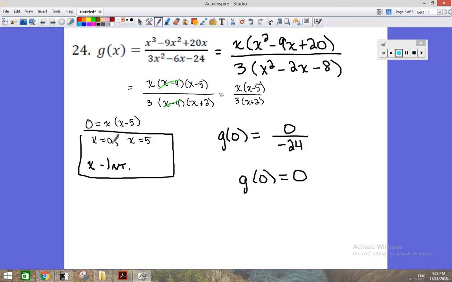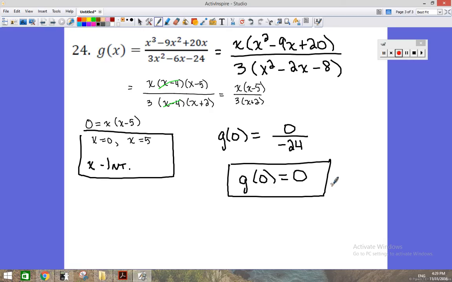If x equals 0, then we know that, and I expected it to go through the origin here. Anyway, with x equals 0 being an x-intercept and the y-intercept being 0, this graph definitely passes through the origin. Alright, so that's the x-intercept, the y-intercept.